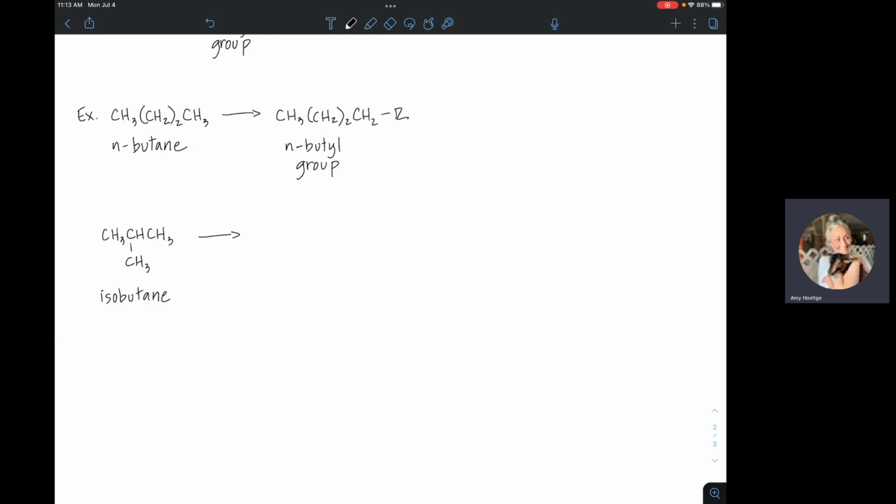But isobutane does exist. It is an isomer of butane, and we can take a hydrogen off of one of those terminal methyl groups and attach an R group to it. So I can have a group like this, and then this could be attached to something bigger, and that group would be considered an isobutyl group.